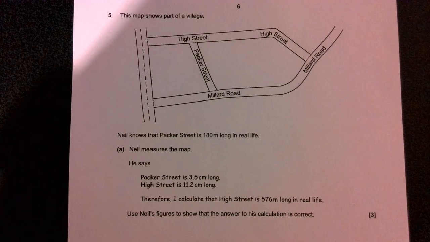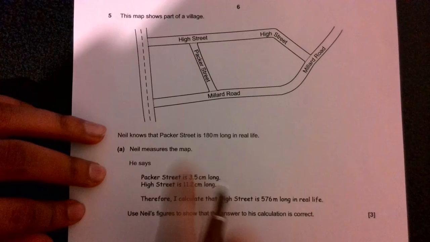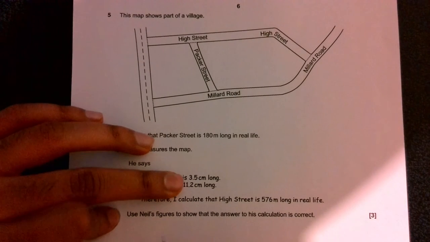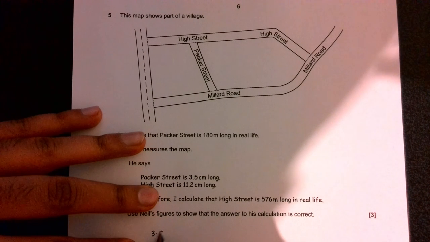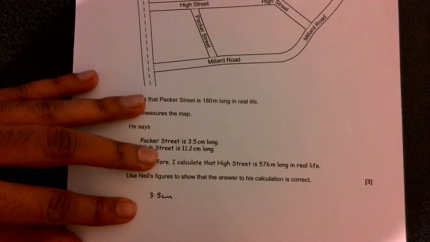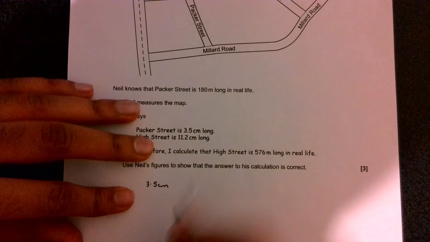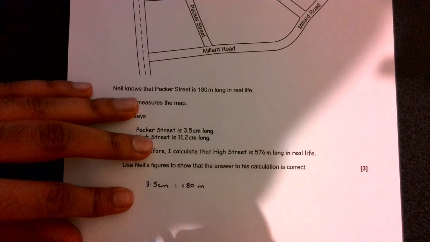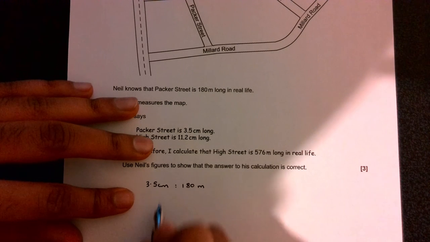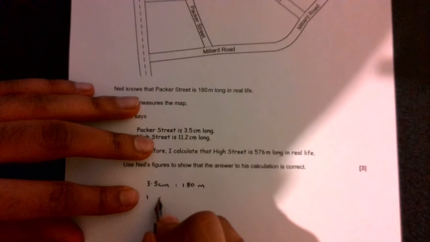Well, essentially what we have over here, on the map we have 3.5 centimeters, and in real life we have 180 meters. From this we can find out what 1 centimeter is.